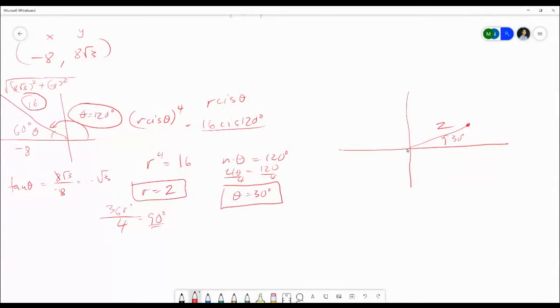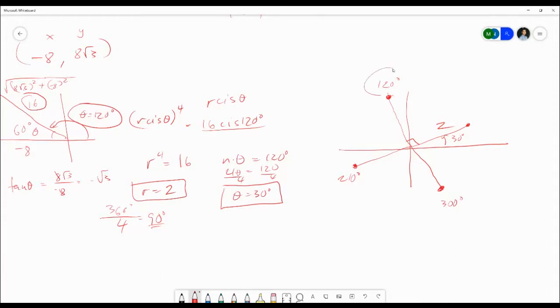One of them will have a difference of 90 degrees, so I can extend this out here to give you the other one, and also perpendicular to this because it's 90 degrees. So here is one, here is one, so that's 30 degrees. 30 plus 90, 120, plus another 90, 210, plus another 90, 300 degrees.